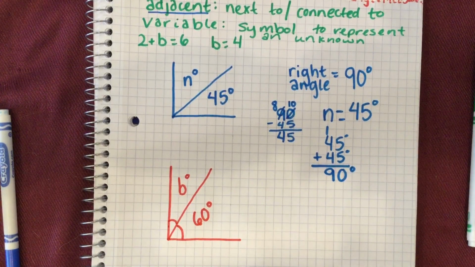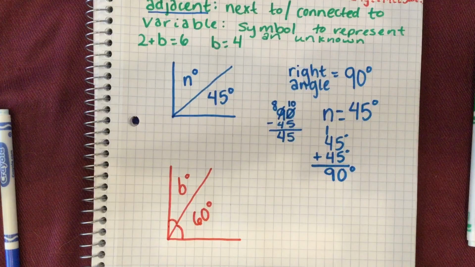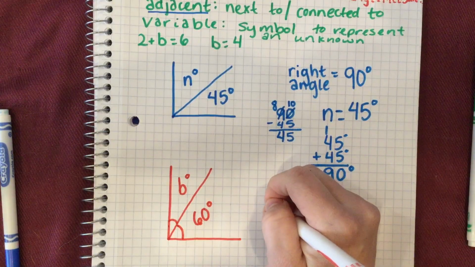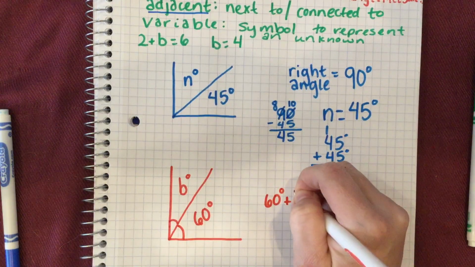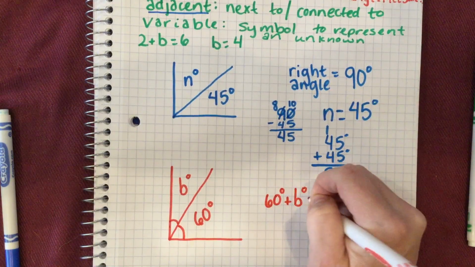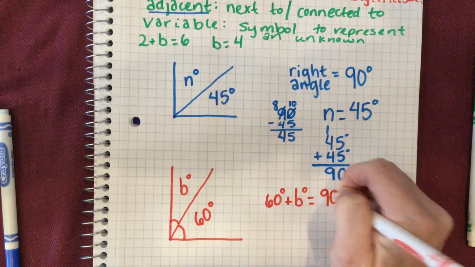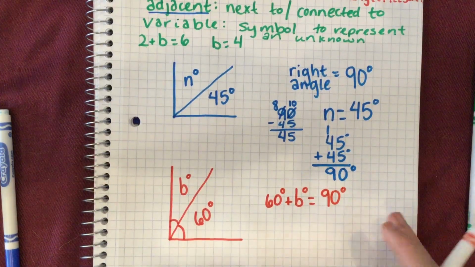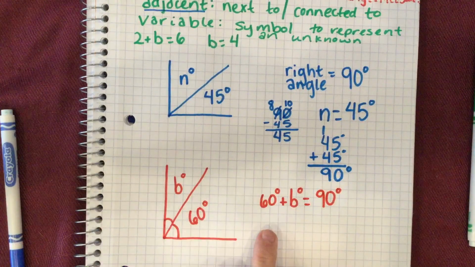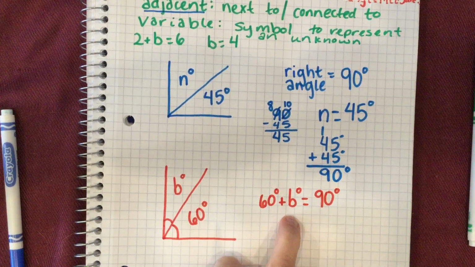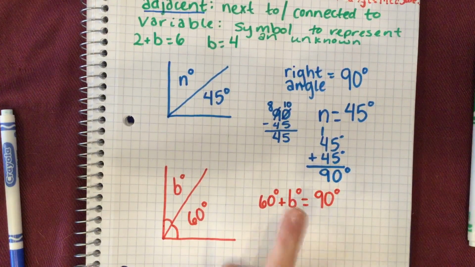All right, so there are several strategies we can use. We can say 60 degrees plus B degrees equals 90 degrees. That's using the addition of adjacent angle measures to figure out the unknowns. So how are we going to figure this out?